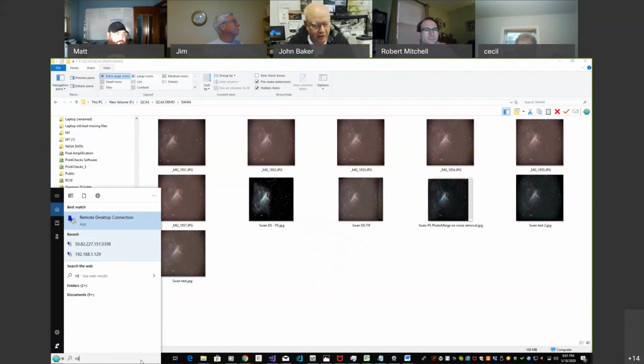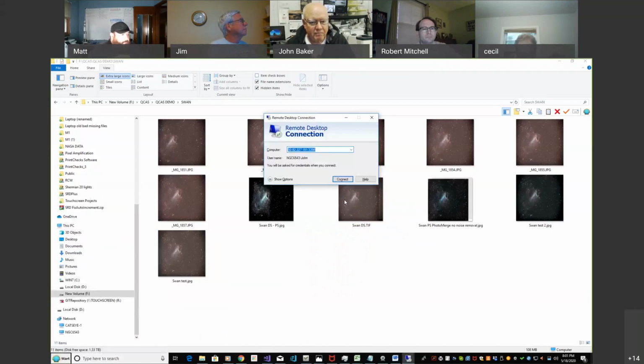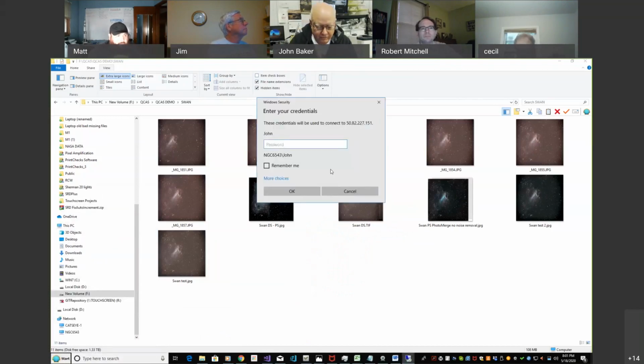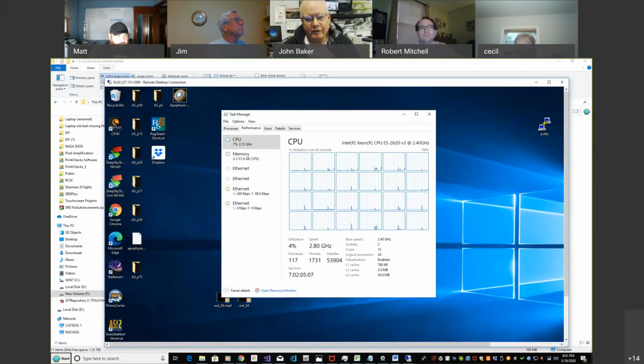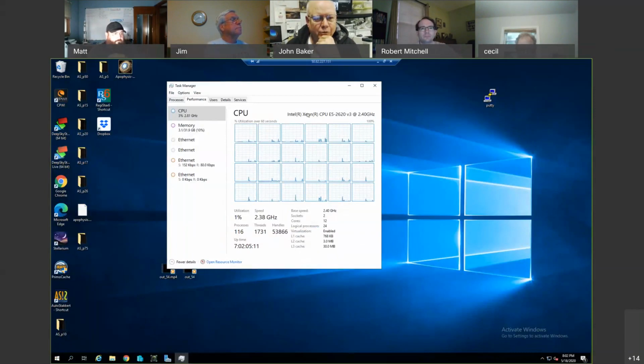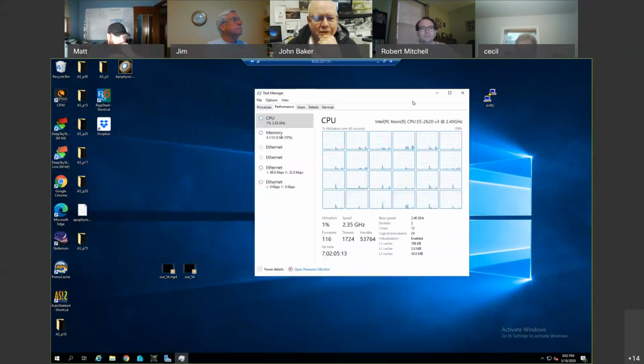We can set anybody up with access to it. And here I am connected to this monster server that's got 24 cores of power on it.